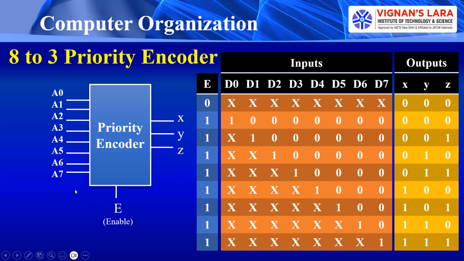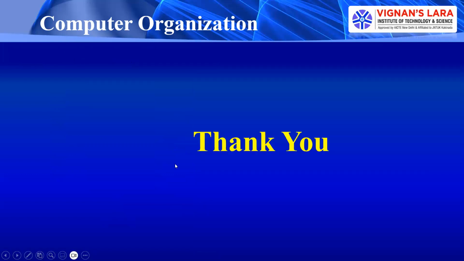Like that, A7 has the highest priority, so your priority encoder produces the code for A7. That means D7 is 1. Whatever the values of A0 to A6 are, whether active or inactive, those values are don't care. Your priority encoder will only produce the code for A7. So this is the priority encoder.